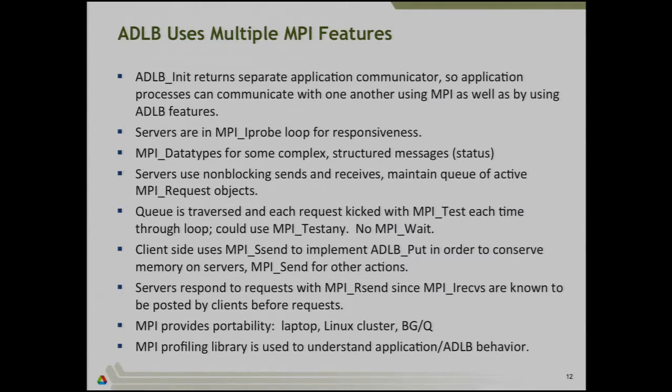The servers are in an MPI iProbe loop, so they are always waiting to get messages. They use non-blocking sends and receives. They maintain a queue of MPI requests, which they keep poking with test, so they never wait, but every time through their loop, they test everything to move communications along.